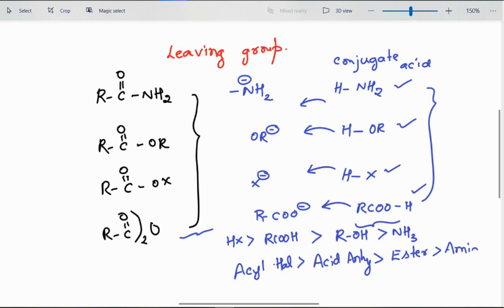This is how a given leaving group compound has its reactivity towards the SN1 mechanism.